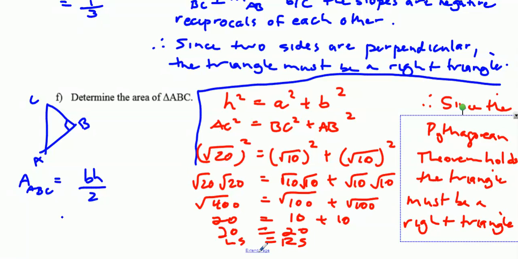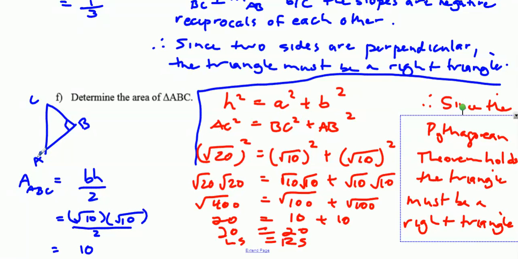Well, we already know the length of those. This one was the square root of 10. This one was the square root of 10, and we're going to divide that whole thing by 2. The square root of 10 times the square root of 10 is just 10, remember, over here. So when you're taking the square root of something squared, all you do is just take that number out of the radical sign, so it would be 20, right?